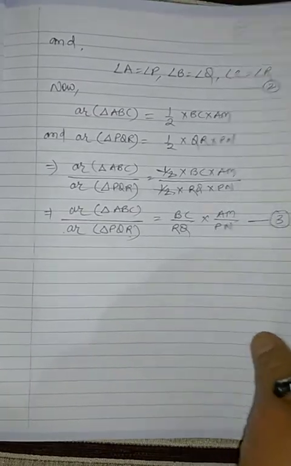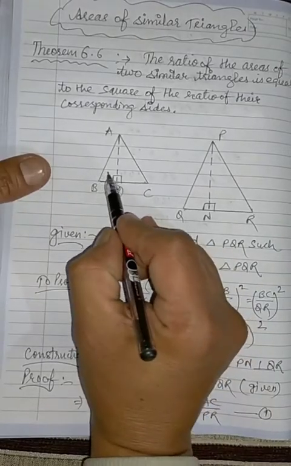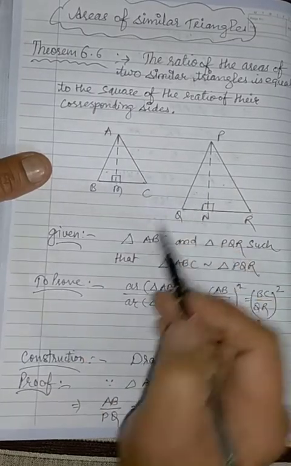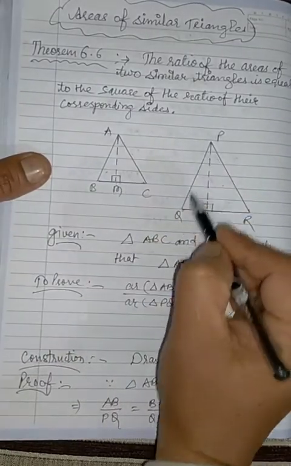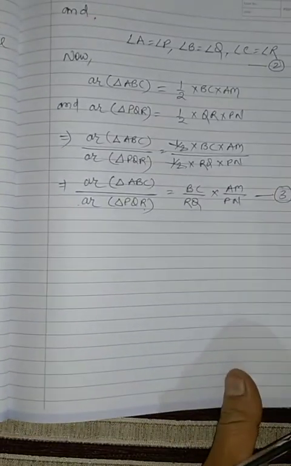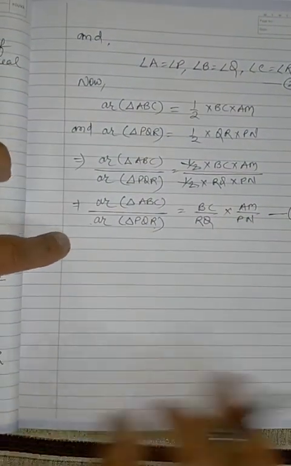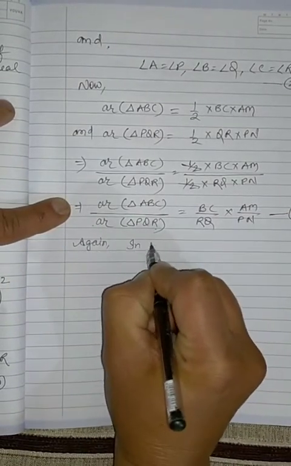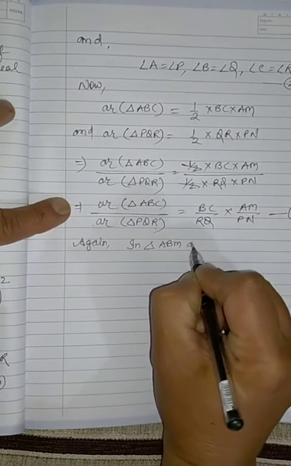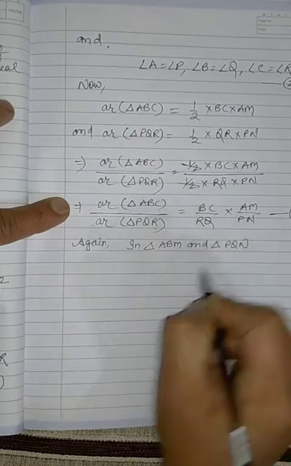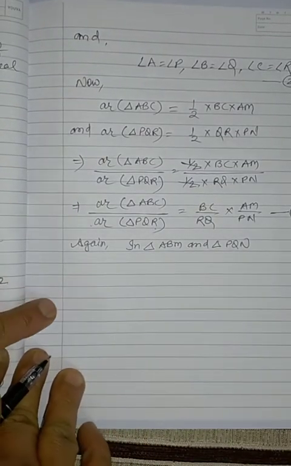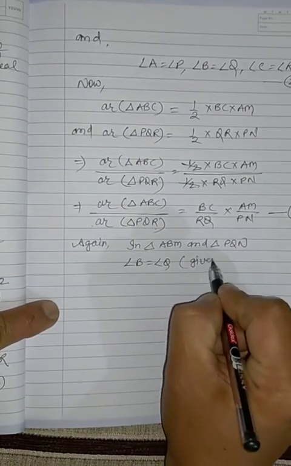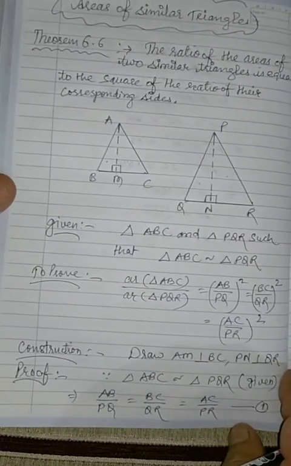For this, we will use these two triangles, ABM and triangle PQN. I'm going to use these two triangles. In triangle ABM and triangle PQN, we have angle B is equal to angle Q. This we are given because triangles are similar.